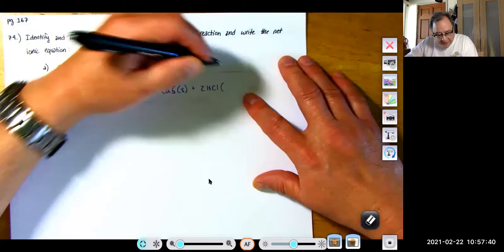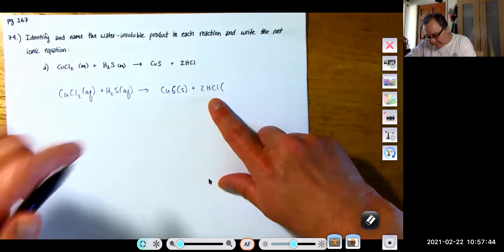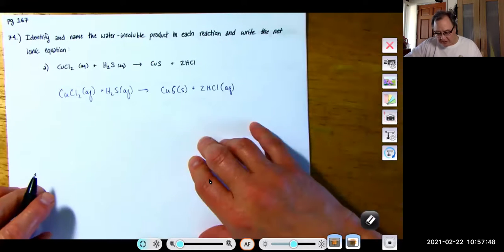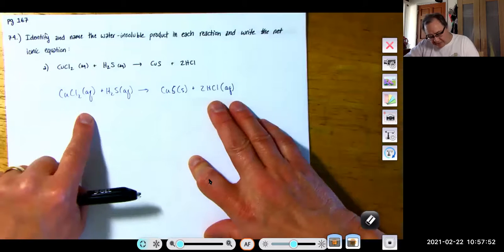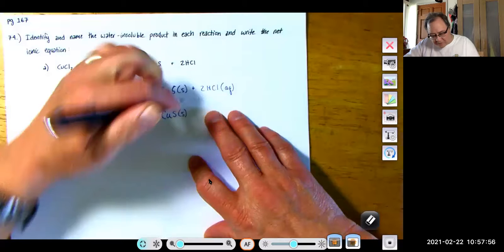Now this is probably going to be aqueous. So for the net ionic, what are we going to bring down? We're going to bring the copper and the sulfur.